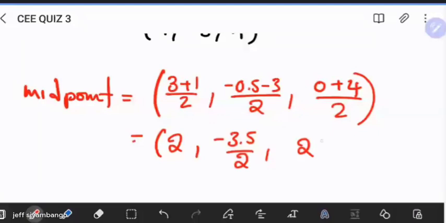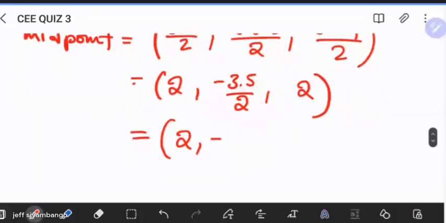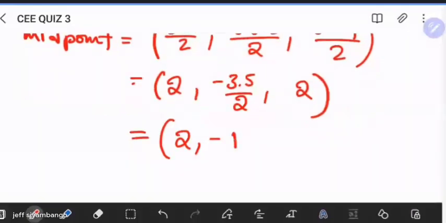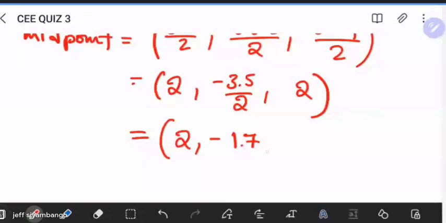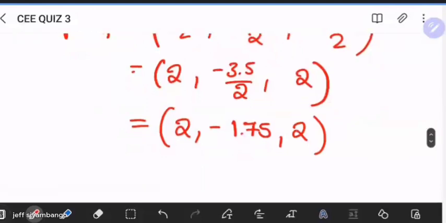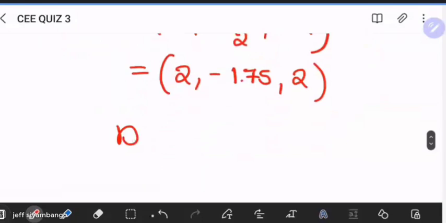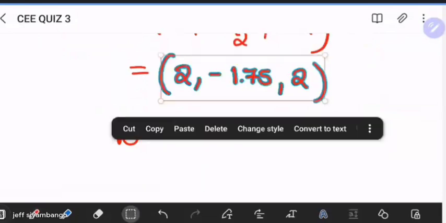But that middle one, what will it simplify to? 2 into 3 is 1, 2 into 15 is 7, remainder 1, and then into 10 is 5, so 1.75. So we have the coordinates of the midpoint, and the midpoint is D. So therefore, the coordinates of D have come out to be this.